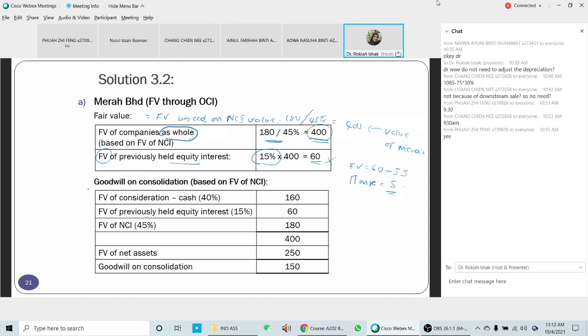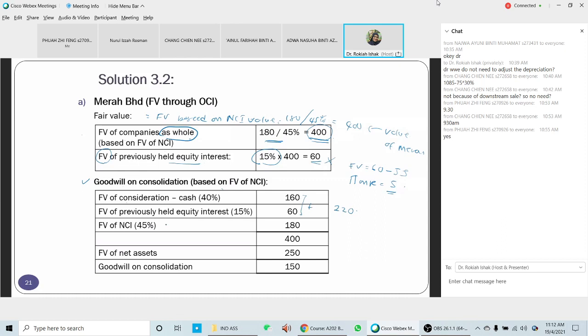Actually, this is the second one. So we calculate the goodwill. Based on the goodwill here, the consideration transferred for another 40%, you pay 160, plus the previous fair value of the 15% held previously, 60. So you're going to have 220.